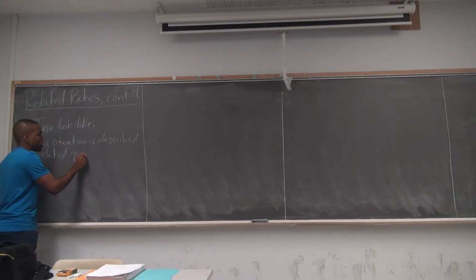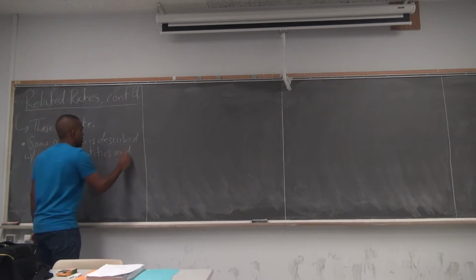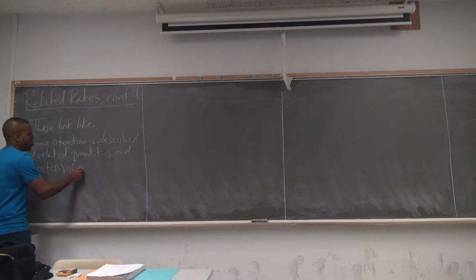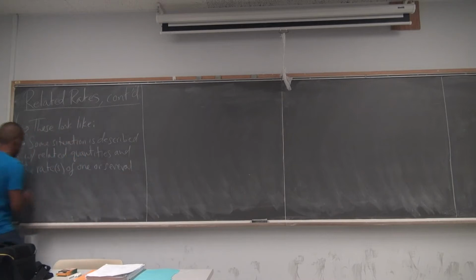So this is how you can recognize when it's a related rates problem: with some related quantities, and the rates of one or several are given, and you need to find the rates of another.